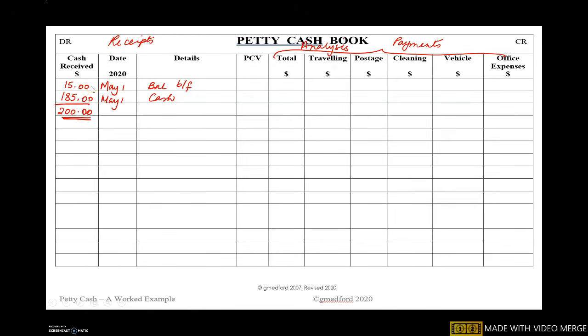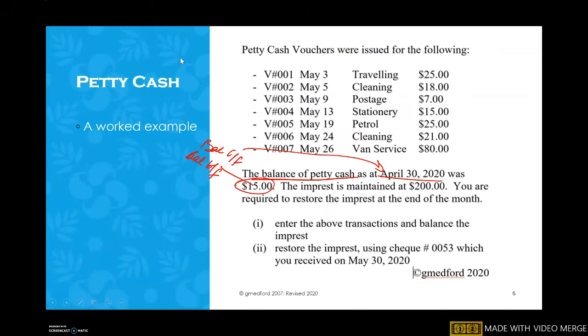Here we see cash received $15 May 1st, and it represents the balance brought forward. $185 of cash on May 1st represents the amount that is required to restore our imprest of $200. It's said here that our imprest is maintained at $200. So let's move on to the second part of the recording, which would be to record these transactions.